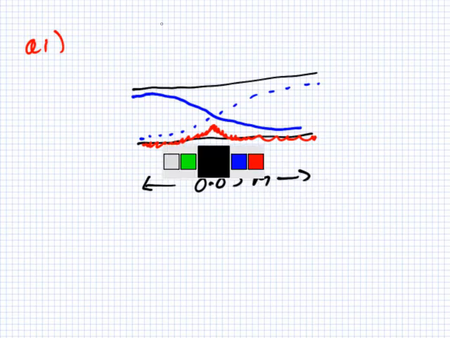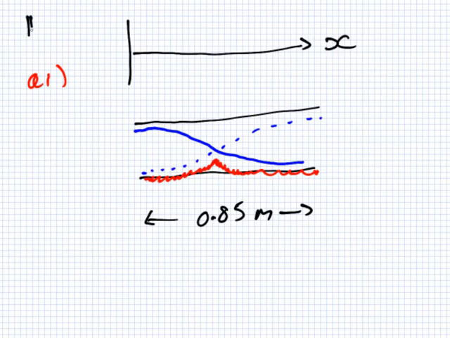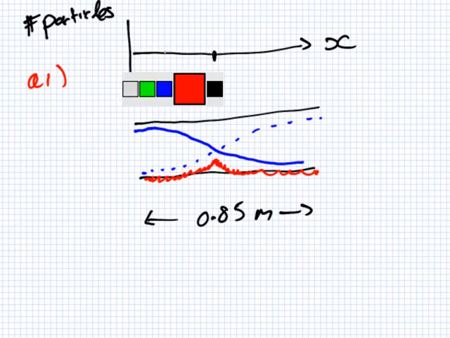So if you were to make a graph here, this could be X, and this could be the amount of sand. Where would most of the sand be? Should be in the middle. So you kind of have a shape like this. Most of the sand will want to move to the middle.